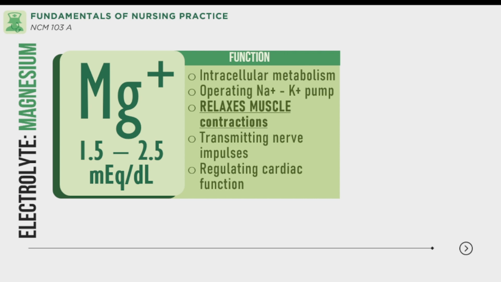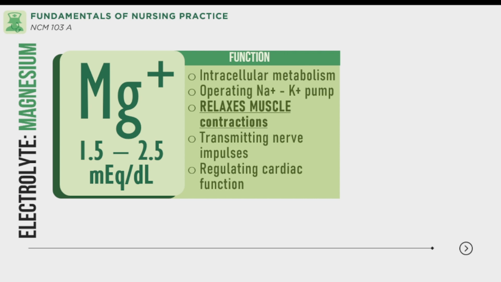Magnesium is also involved in nerve transmission and muscle contraction, helping to regulate neuromuscular function and maintain your muscle tone. So if calcium is needed for muscle contraction, your magnesium relaxes your muscle. Okay.